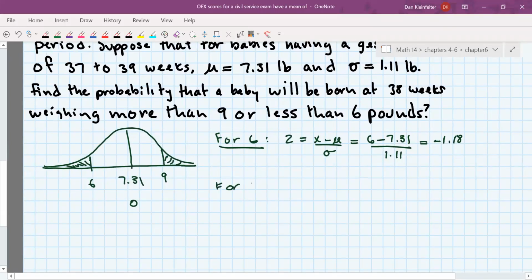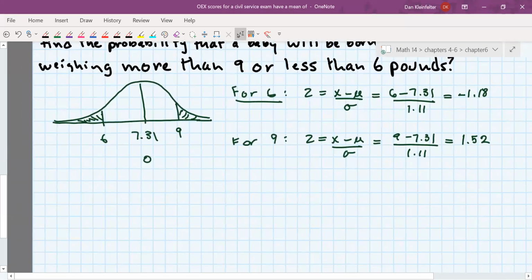For 9, Z is X minus mu over sigma. That's 9 minus 7.31 over 1.11. And that's about 1.52. Okay. So now we need to take a look in our tables and get a couple of probabilities.